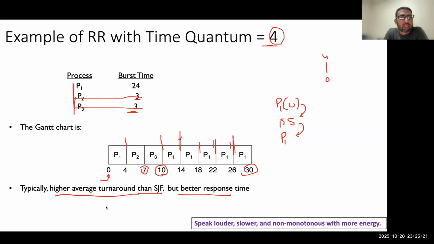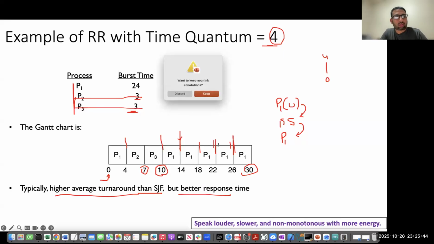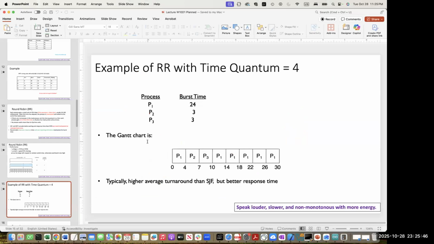No. Here the queue is not empty. Even at 10? No, at 10 the queue isn't empty anymore. Okay, let me do it again here. Wait a minute, is it because P1 is still considered being in the queue?